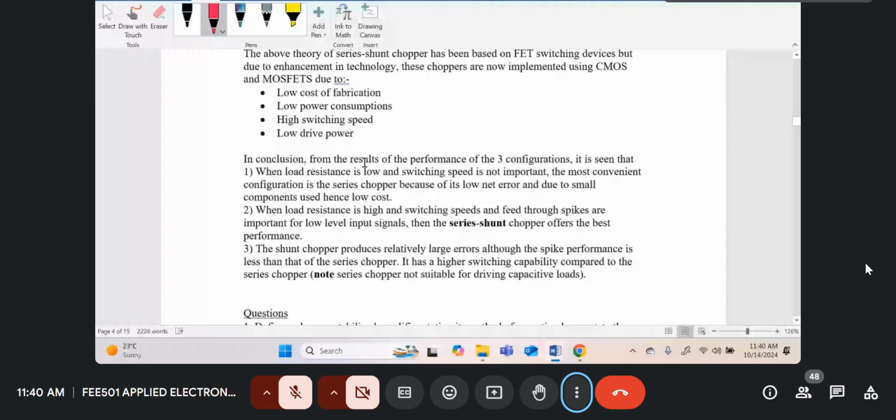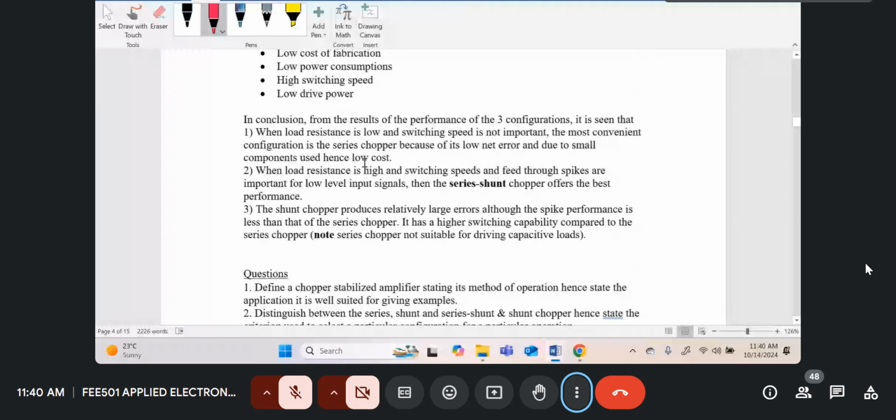Now, in conclusion to this topic over here, I've said that from the results of the performance of the three configurations, now, these results are obtained by putting values. That exercise I gave you earlier, to put real values for RL, put real values for RG, then find out the error caused by the shunt, error caused by the series, error caused by the series shunt.